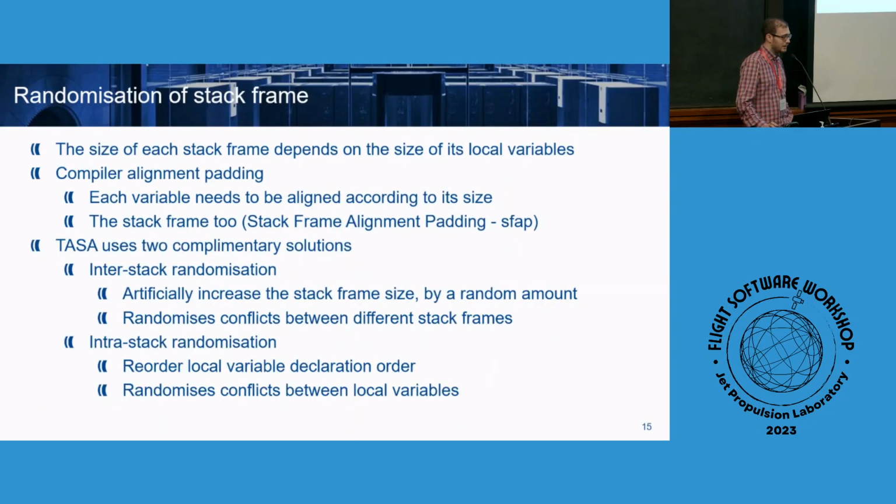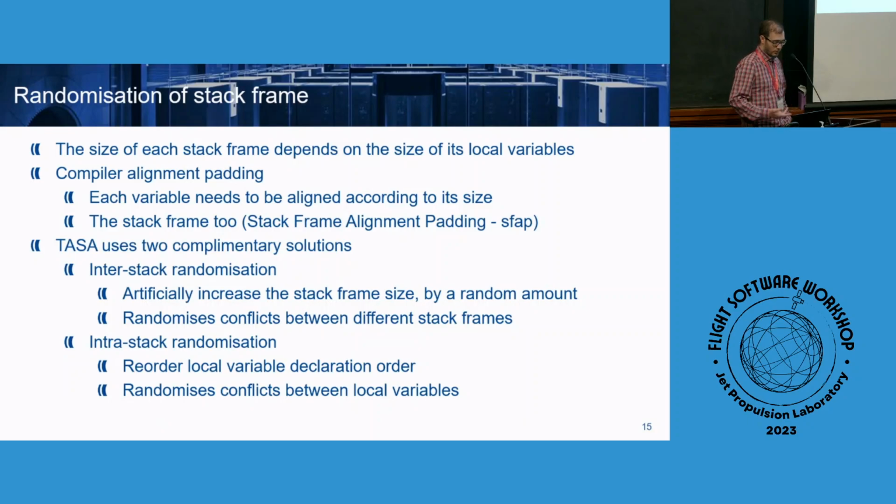A similar idea is followed also in the randomization of the stack frame. The size of the stack frame depends on the number of variables and their types that we have in local scope. And also the compiler introduces additional padding in order to make sure that addresses of each variable are multiples of their size. So this plays also a role on the exact size of the stack frame.